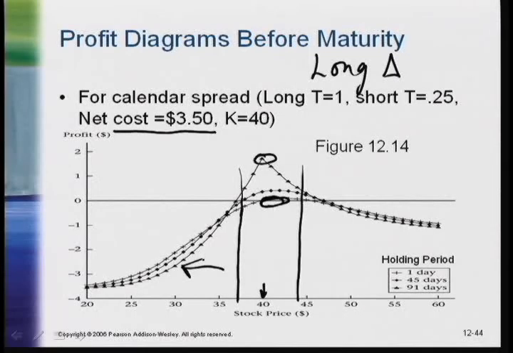Well, we're long delta, and so as prices drop, not surprisingly, the value of both of our options diminish. And when we get to expiry, if prices drop all the way to, say, $20, it looks as though we've lost the entire $3.50.